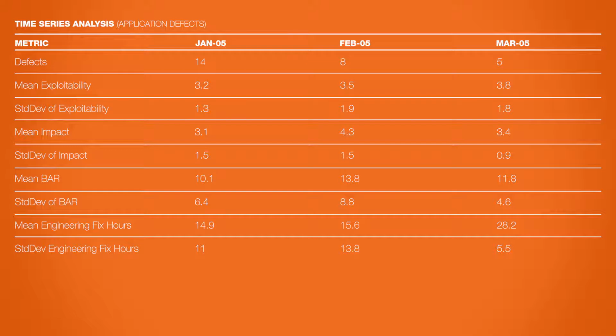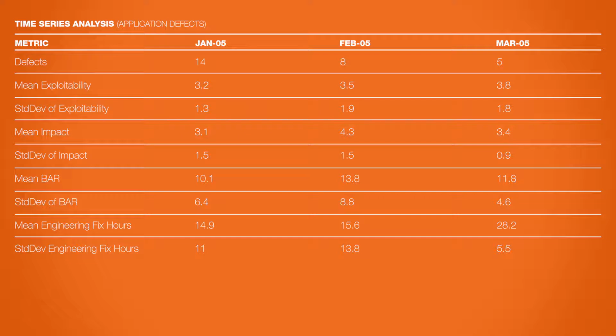Key observations from this time series analysis. The number of security defects declined from 14 to 5, suggesting application security improved overall during that period. Although the overall number of defects decreased, those defects in later periods were of higher impact and were slightly easier to exploit.